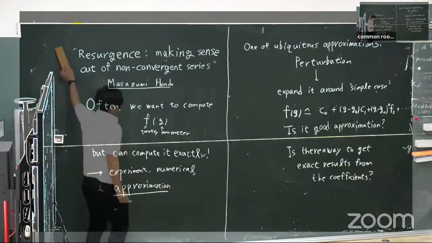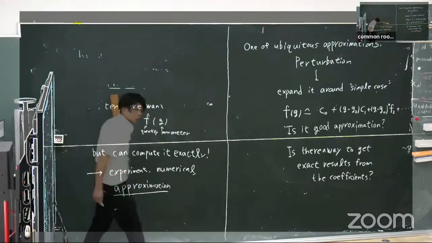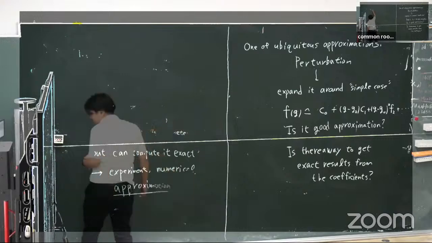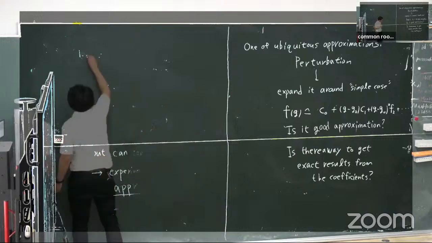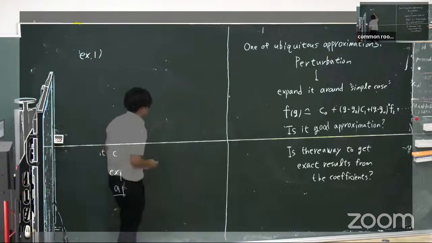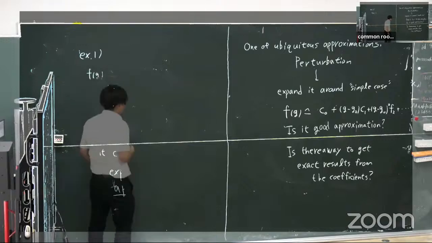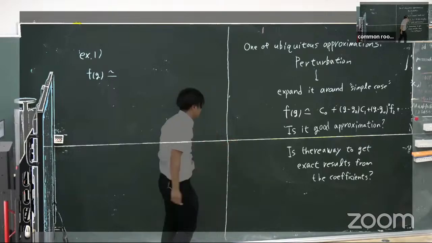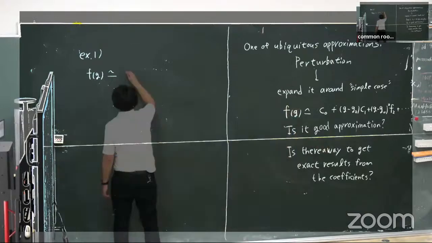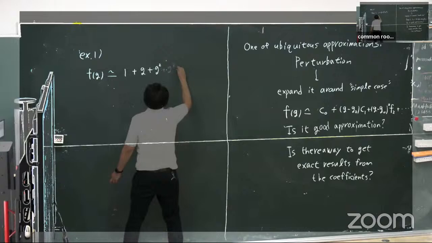Okay, it's quite abstract, so let me discuss using an explicit example. Let us start with a very, very simple example. Suppose we compute the perturbation of some quantity, and we get this kind of perturbative series.